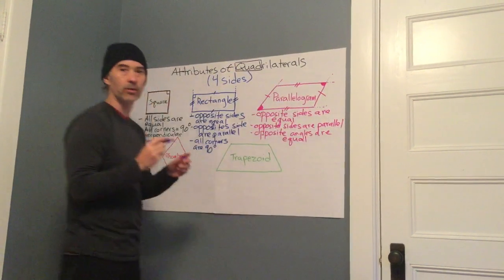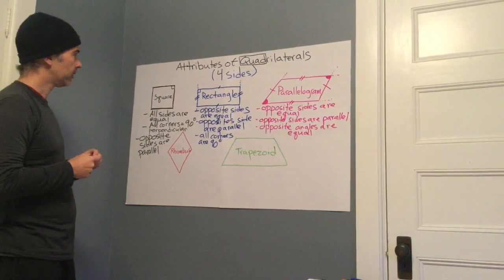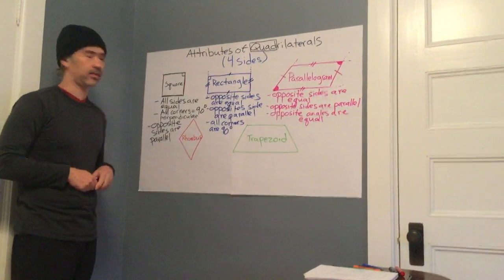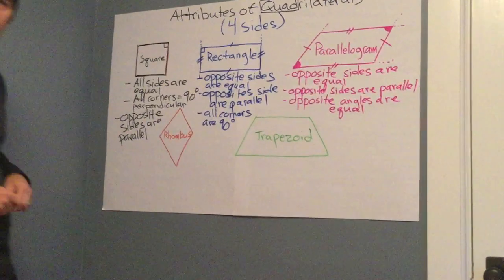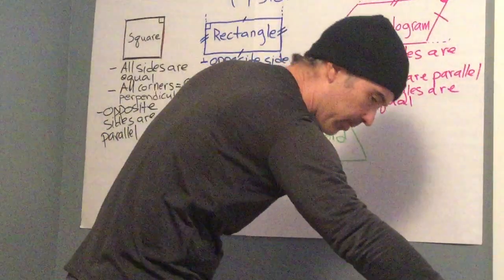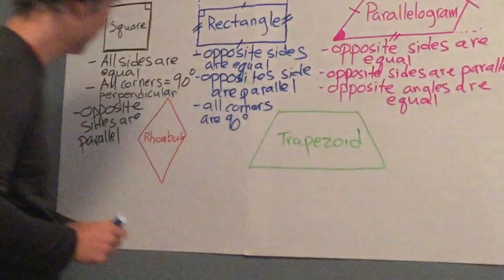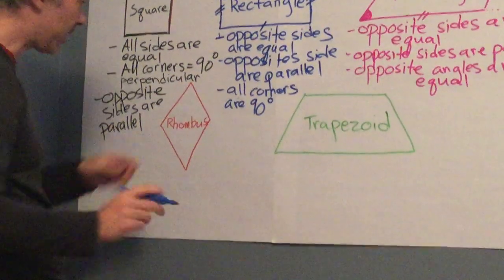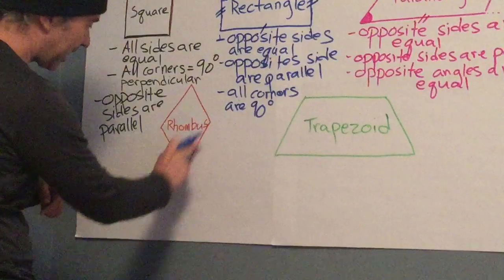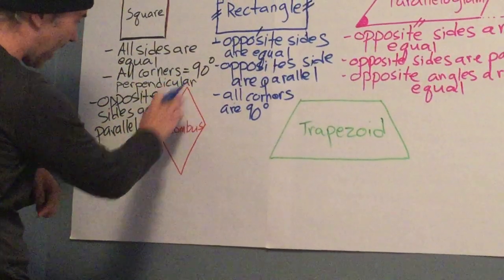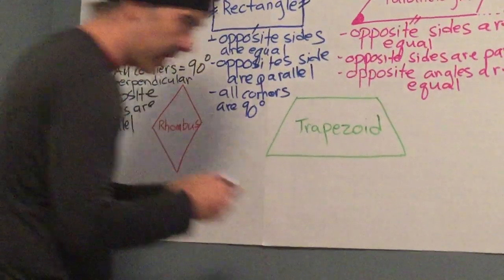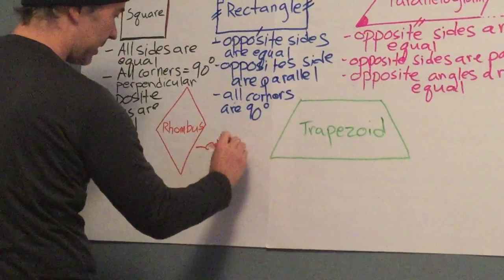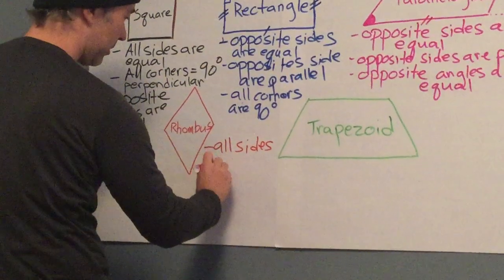Opposite angles are equal. All right. Now look at this one down here. A rhombus. What can you tell me about the attributes of a rhombus? Well, I can see that this side looks like it equals this side, equals that side, and that side. So for a rhombus, all sides are equal.